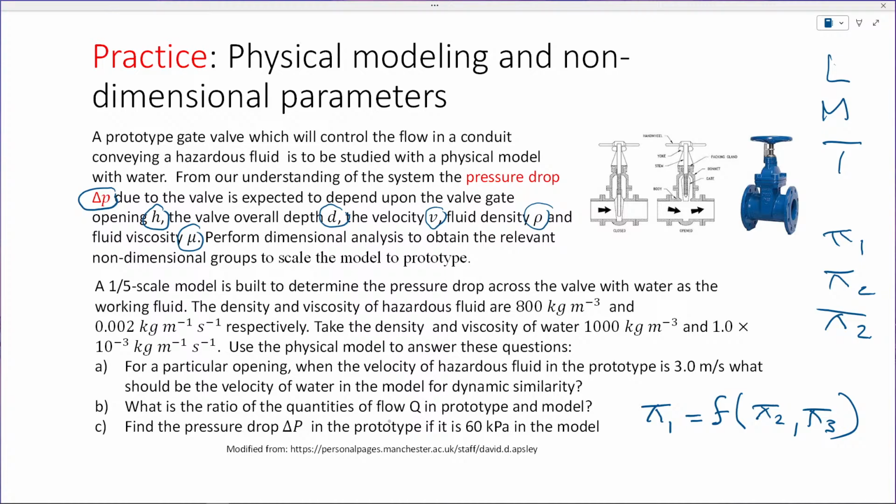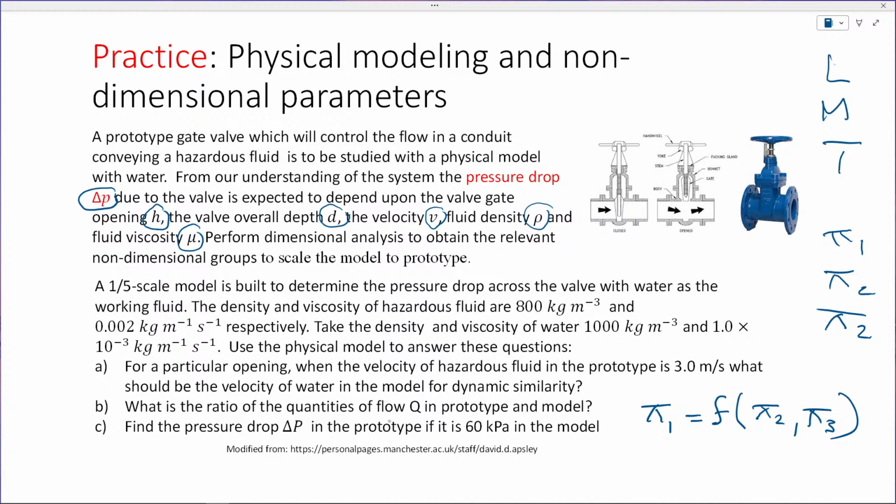For a particular opening, I'm giving you the velocity of the hazardous flow in the prototype, and then I'm asking what the velocity of the model should be to ensure similarity. This is similar to the previous problem. Then I'm giving you the ratio of the quantity of flow between the prototype and the model, and I'm asking you about the quantity of flow.